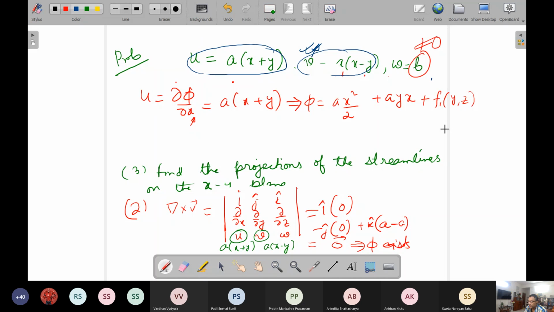So the constant of integration itself could include some constants also, but it's a general form which could have some function of y, some function of z, and some constants. All together, this is f1.